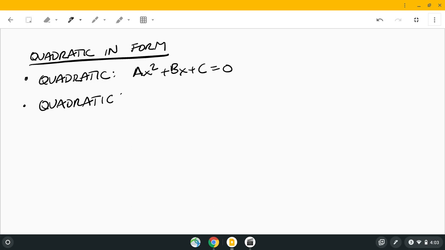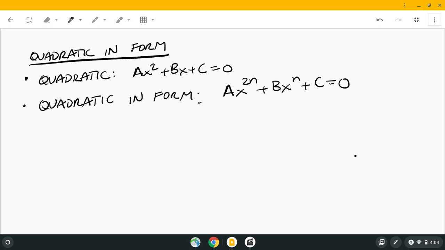Here, it looks like it's one word. Quadratic in form would have a very similar structure, except that this could be any exponent, so long as it's twice as much as this one here.